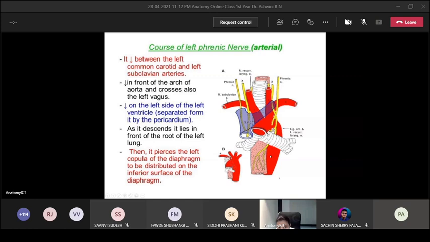Then it pierces the left cupola of the diaphragm. Like the diaphragm, it has two domes, right and left. It pierces the left cupola of the diaphragm and distributes its branches through the diaphragmatic surface.